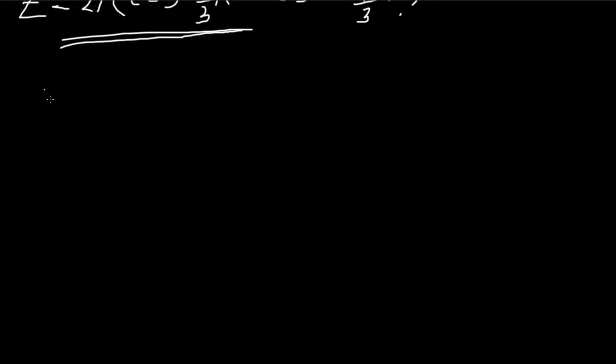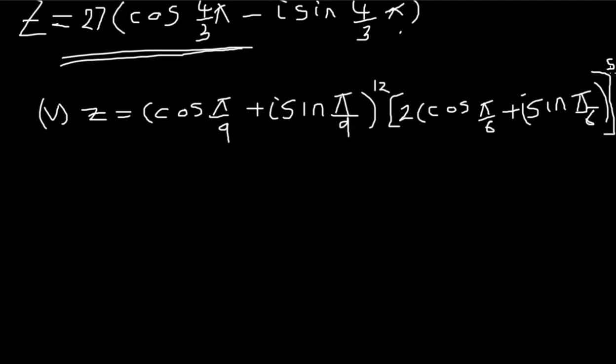So question 5 is z equal to open brackets, cos pi over 9 plus i sine pi over 9 to the power 12, then 2 times cos pi over 6 plus i sine pi over 6 to the power 5.